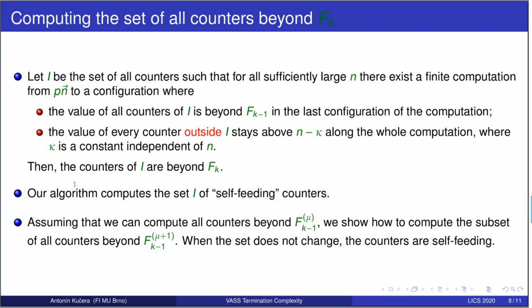And the set of all such transitions is determined by the set of all counters beyond fk+1. This is what we have just seen on the previous slide. So the core of our algorithm is a procedure which, for a given k, computes the set of all counters beyond fk.